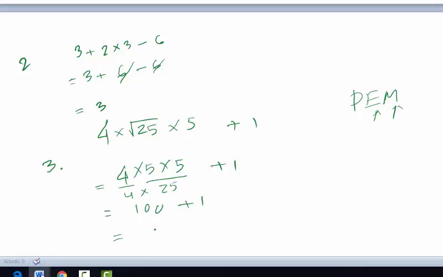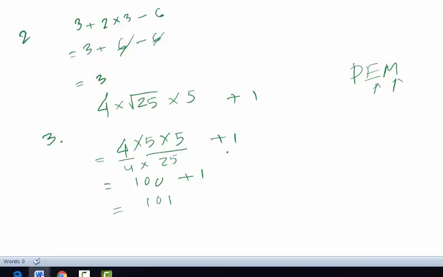So 100 plus 1 is equal to 101. That's how we simplify the expressions.